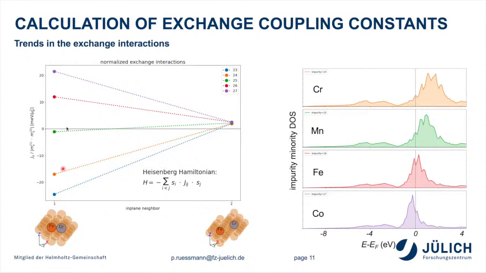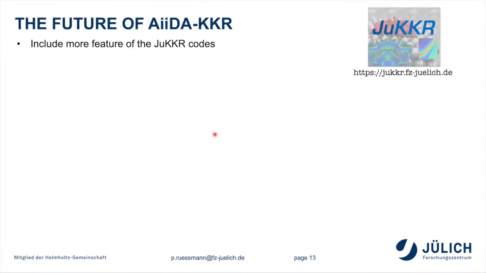You can clearly see this chemical trend where the exchange coupling constants vary strongly in their size and even change sign once we go through this filling in the minority density of states that we have seen earlier.